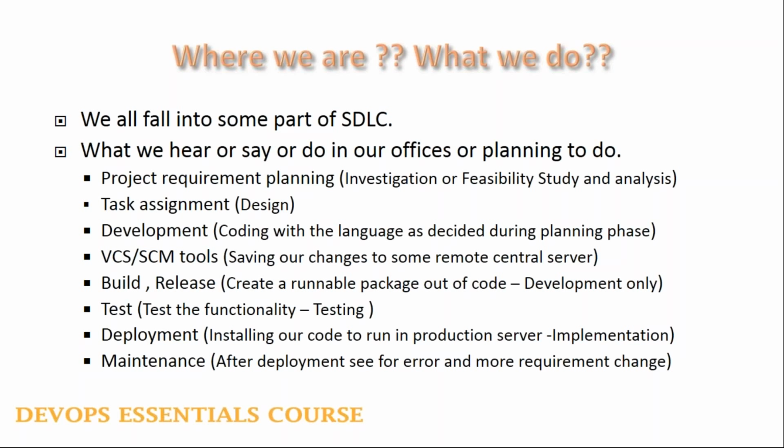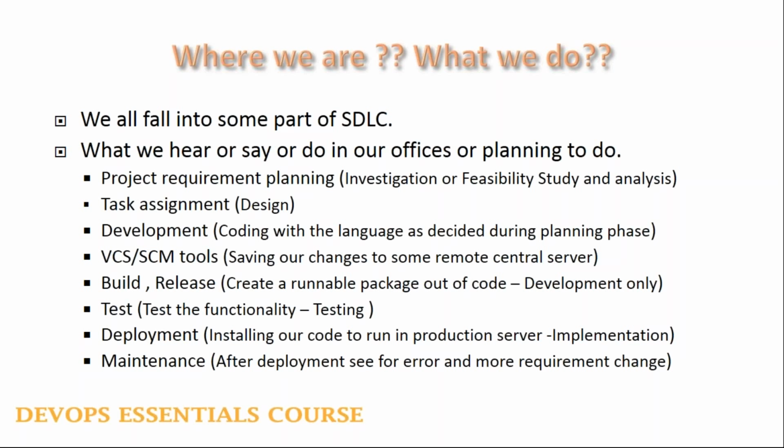Task assignment, you are going to assign tasks to the team members, to the developers, to the testers, to the operation people. We need to assign the tasks as per our requirement. That's the design phase. Then development, if you are doing development, then definitely you are part of the development phase. Version control system, whatever code you are writing, day by day the code gets changed. That needs to be managed. That's also a part of your development phase.